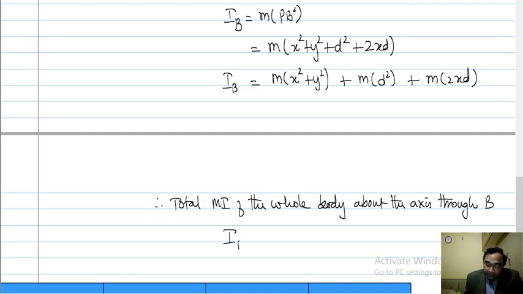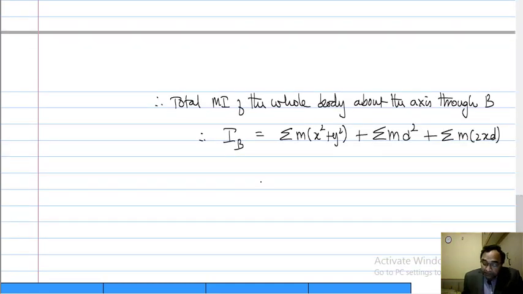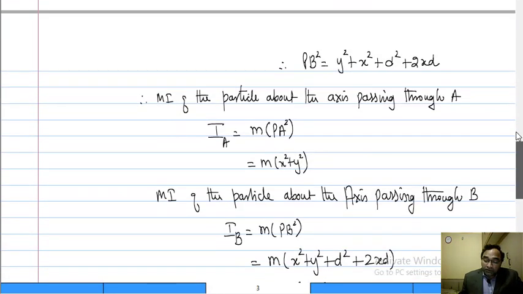I is sigma of m times x square plus y square plus sigma of m times d square plus sigma of m times 2xd. This is what we can say. Now, this is nothing but x square plus y square. So, what we have?